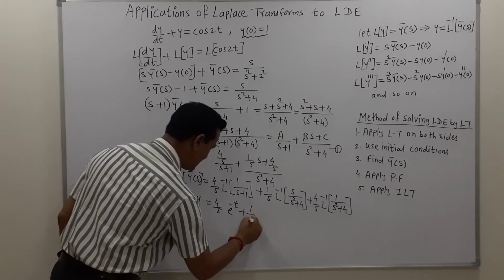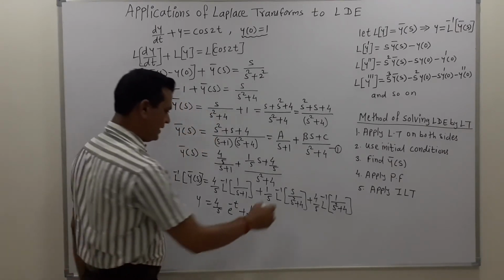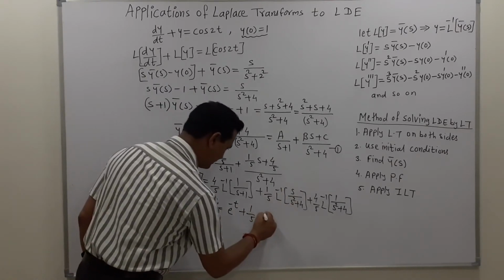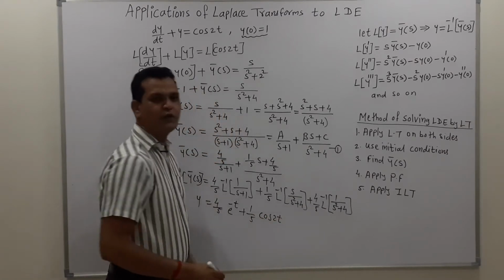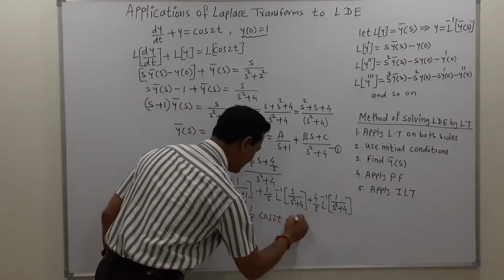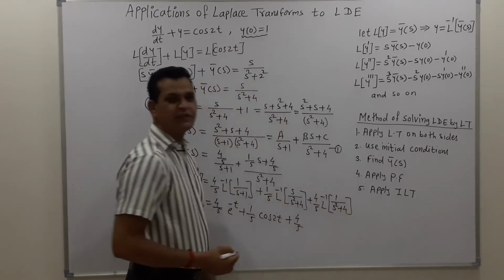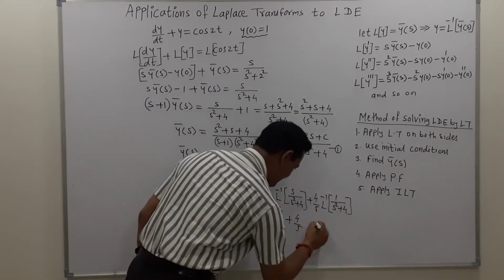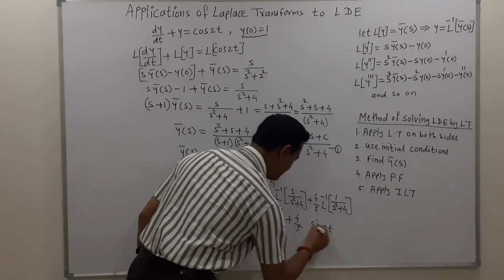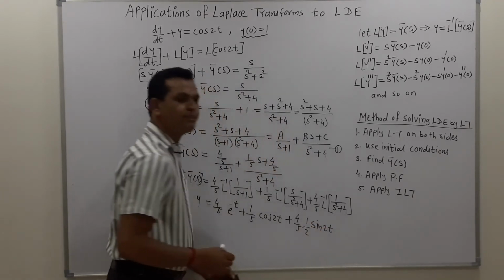Then this is plus 1 upon 5 as it is. Again, this is the standard result for cos of 2t. Then plus again 4 upon 5 is constant. Again, this is the standard result for the sine term. So we can write this as sine of 2t into 1 upon 2.